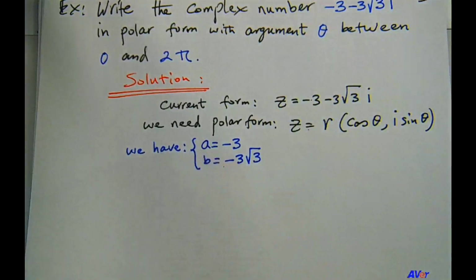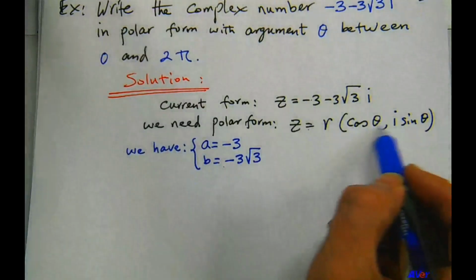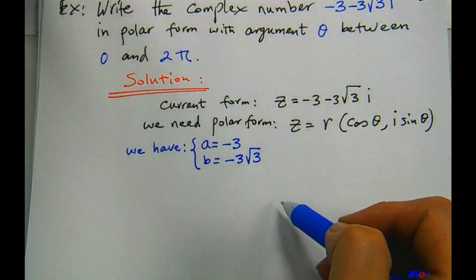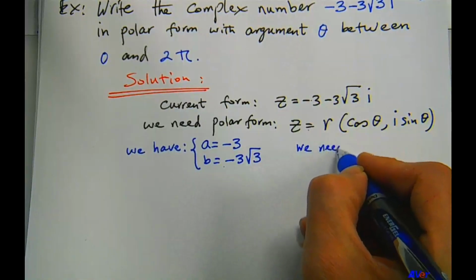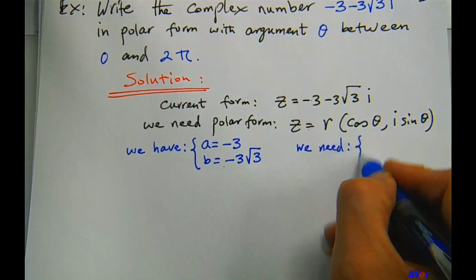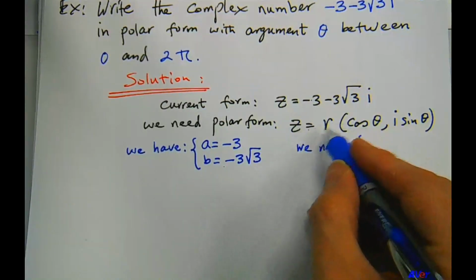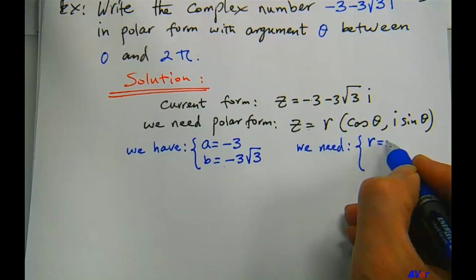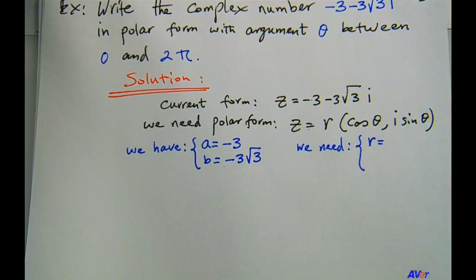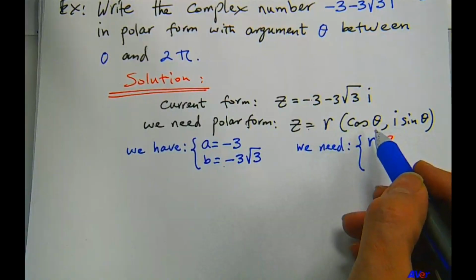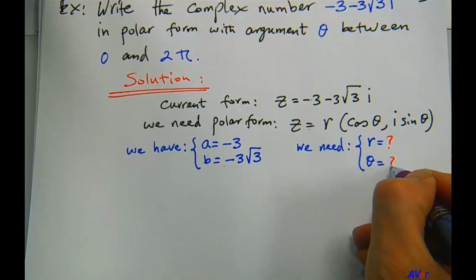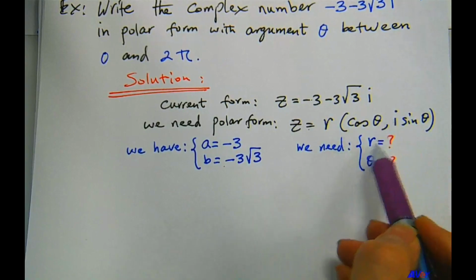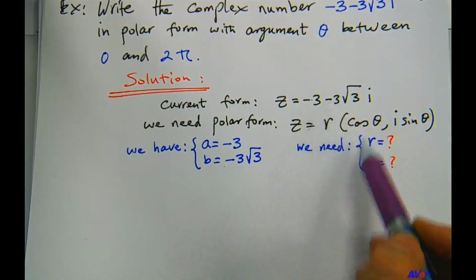To transition to the polar form of that complex number, what do we need? If you guessed r, you're correct. We need r. We don't know that. What else do we need? We need theta, right? So we're going to need those two in order to transition from this form to that form.